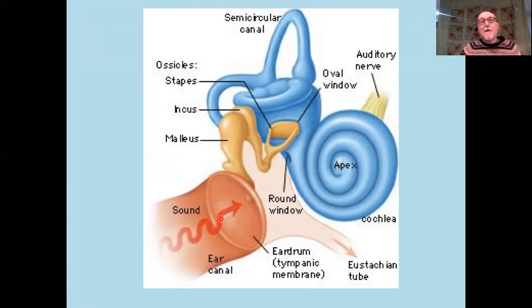A certain amount is communicated directly through the bones of the skull. But ultimately, the sound wave has to be transmitted to this inner part here called the cochlea. The cochlea is very complex in its structure. The initial transmission is by the three little bones, the malleus, the incus, and the stapes.